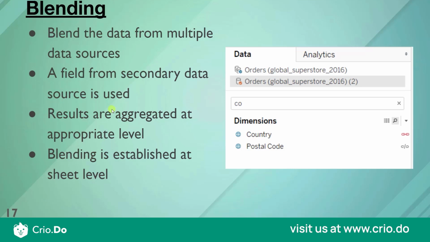If you are blending on a particular column in one view, in that view your result is basically from that blending column, right? But whenever you go to a different view and you blend on a different column, you will see a blending result which is aggregated at that level. That means you can actually blend at different levels and different sheets.